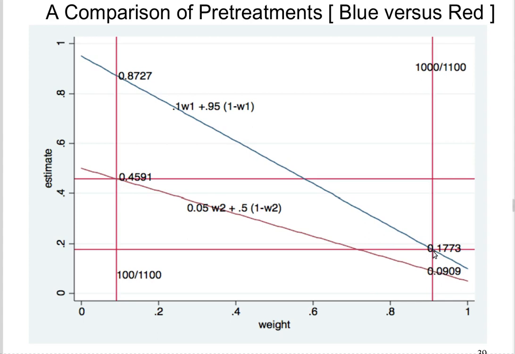And we can see that in this case, we would be comparing the number actual of 0.1773 with 0.0909. Now, what I want you to draw your attention to and remind you is that these two lines have different slopes.